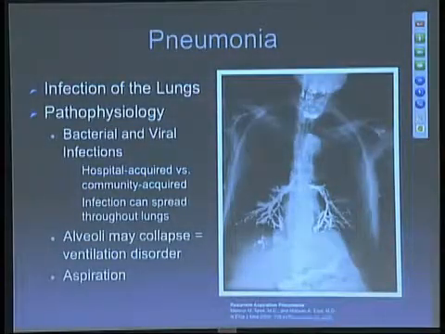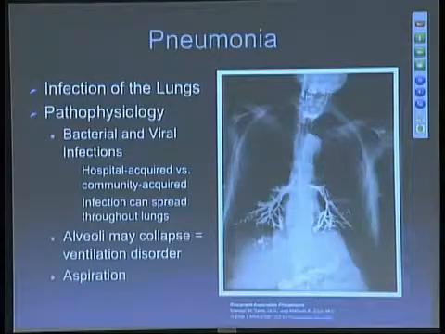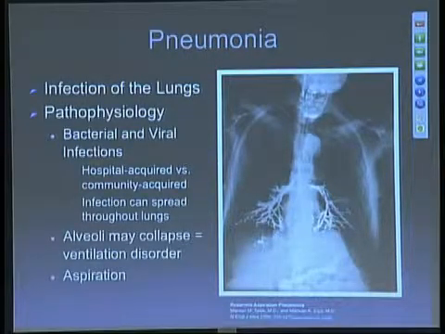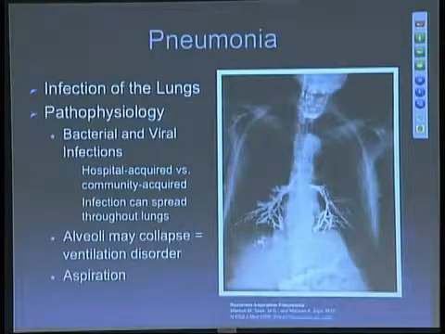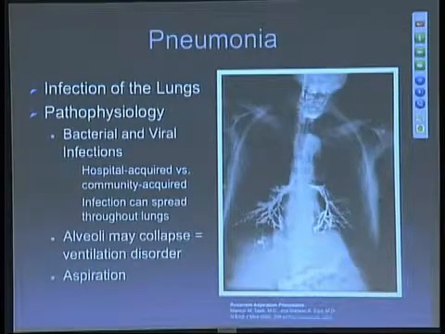All right. Now we're getting down from the upper airway into the lower airway. Pneumonia: bacterial or viral infections. Now, we have to make a distinction nowadays between hospital-acquired infections, which are usually nastier bugs, and community-acquired infections, which are usually either viral or strep pneumonia.